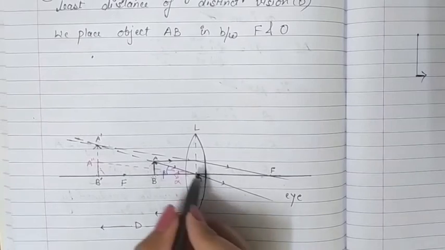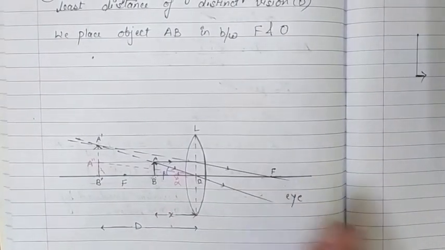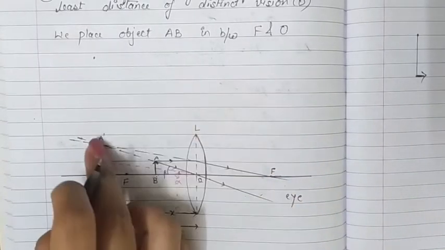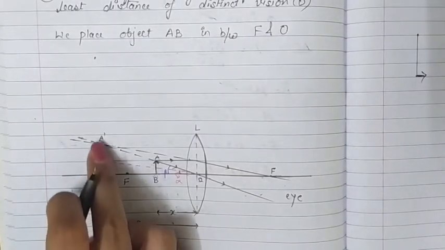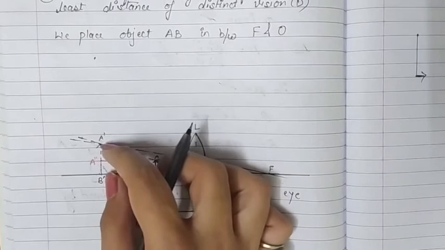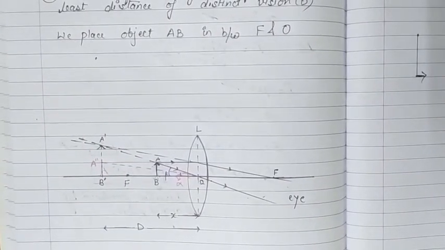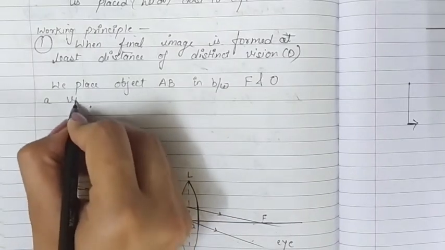So these rays will go like this, they will not meet in real form, but they appear to come from this point A dash, and we call it a virtual meeting point, and this A dash B dash is the virtual image of the object that we can see.